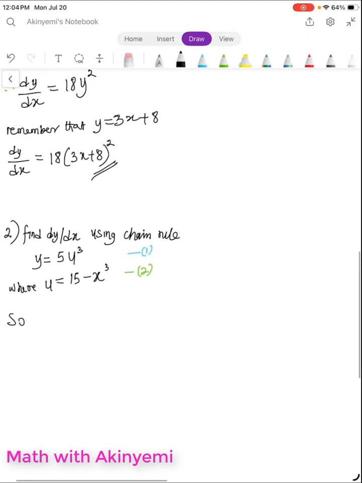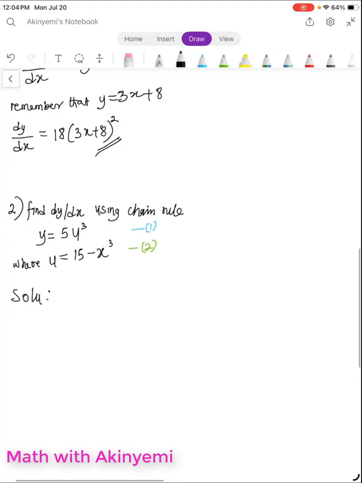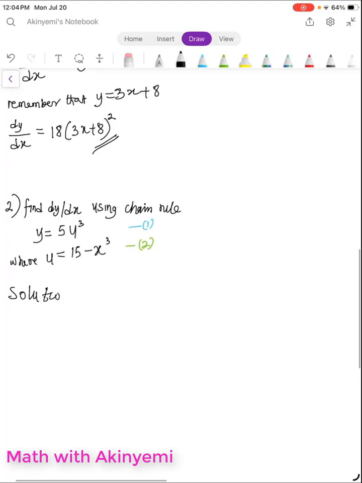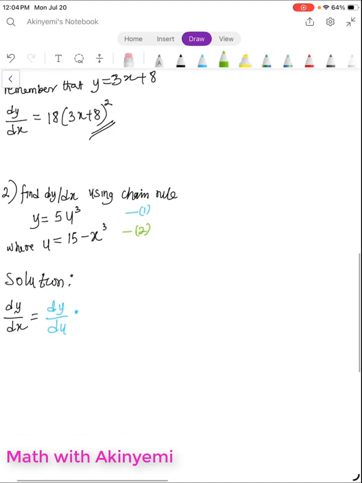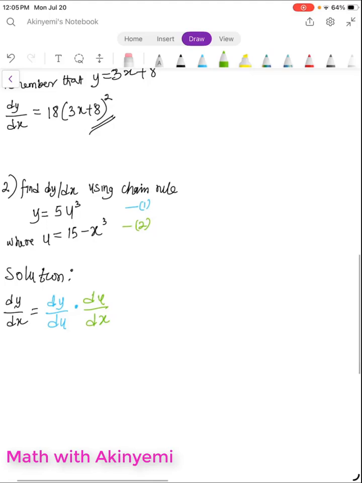So solution, dy over dx will be equal to dy over du multiplied by du over dx. You see?